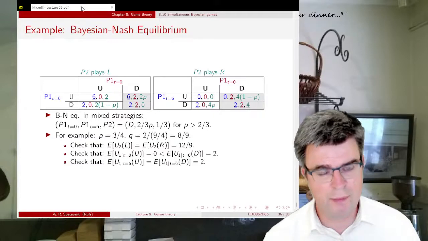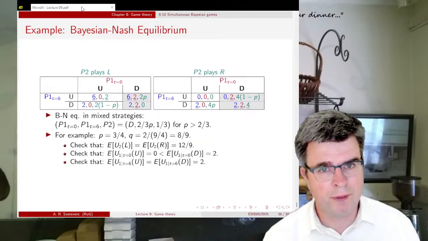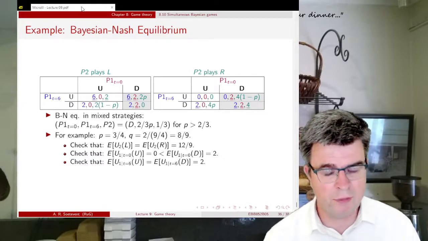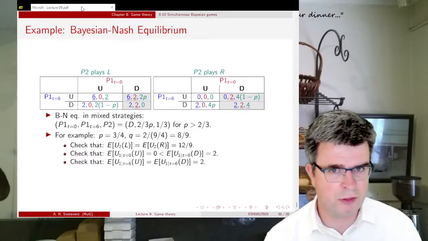Then you can check that for player 2, given that player 1 follows his equilibrium strategy, player 2 will be indifferent between playing right or left. In both cases, his expected payoff will be 12/9. So please check that yourself.